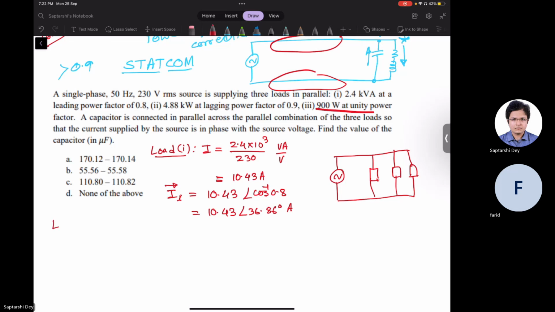Now we will look at the second load. The second one is 4.88 kilowatt. The other one was kilovolt ampere. This is kilowatt at a lagging power factor of 0.9.